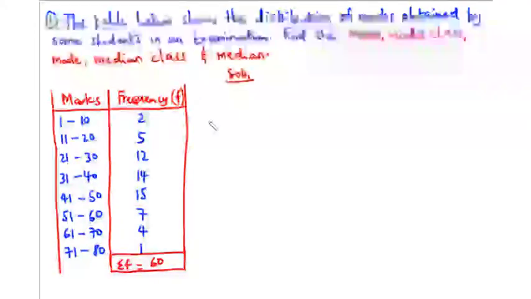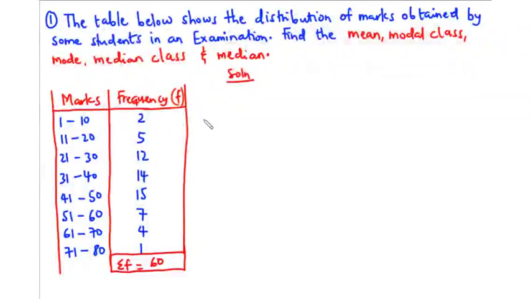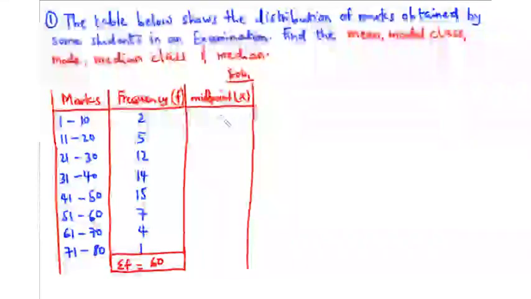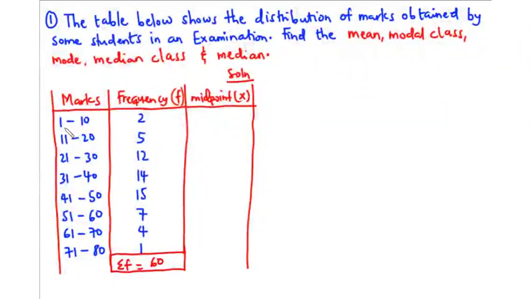However, what we need to do is to find the midpoint. So let's find the midpoint, and that's going to be the x values. To find the midpoint, we need to find the average of the lower limit and the upper limit of a particular interval. For the first interval, 1 to 10, we have 1 plus 10, that is 11, and then we divide by 2, so we get 5.5.